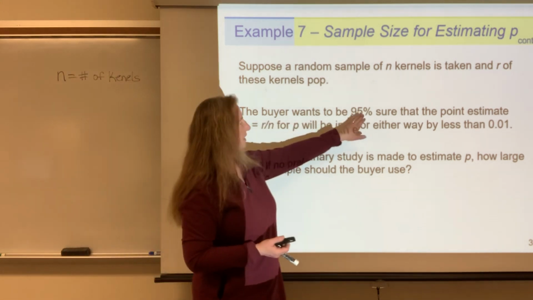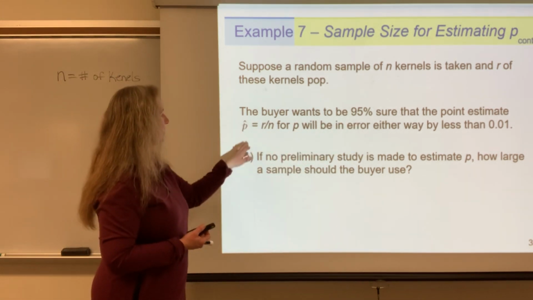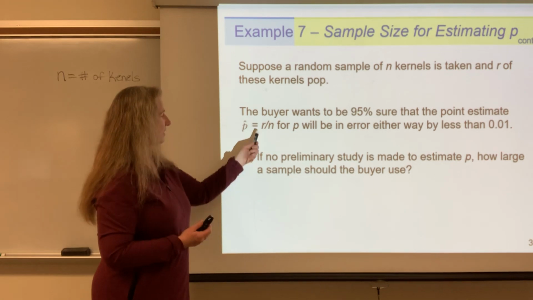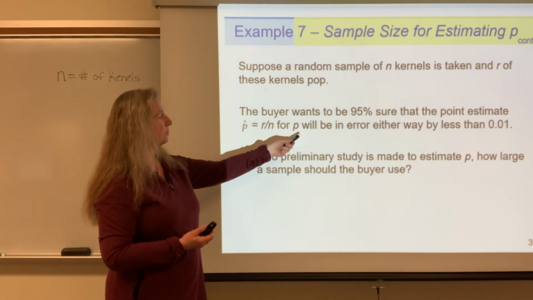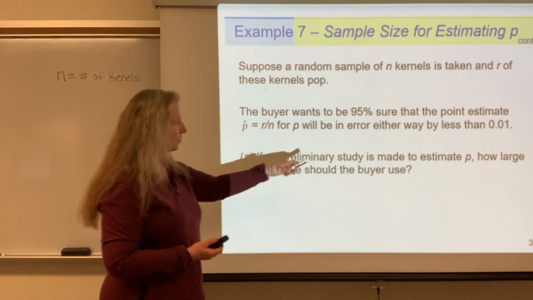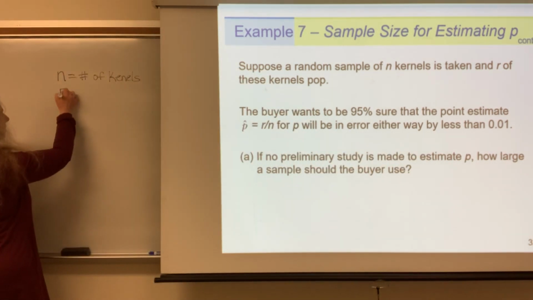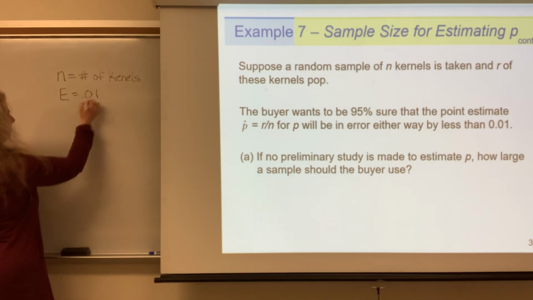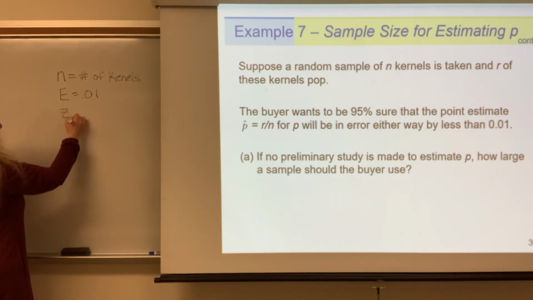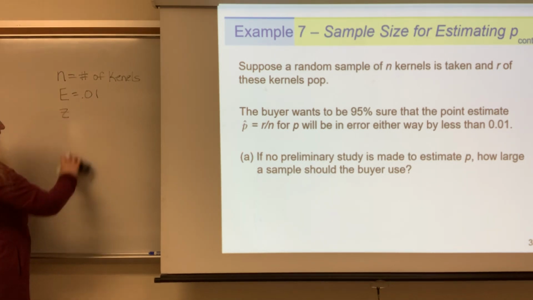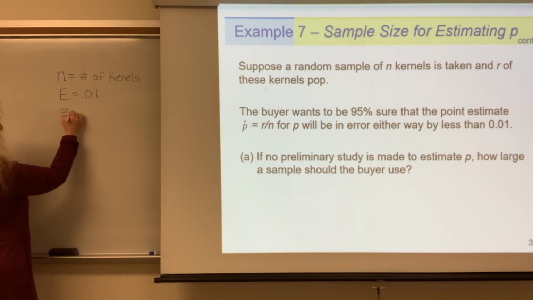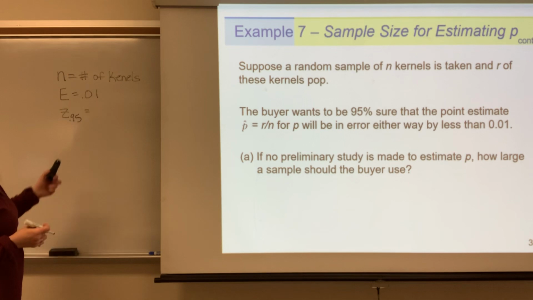So the buyer wants to be 95% sure that the point estimate p hat equals r over n for p will be in error either way by less than 0.01. So E is 0.01. The c we want is 95, so I'll look that up on my little z chart.